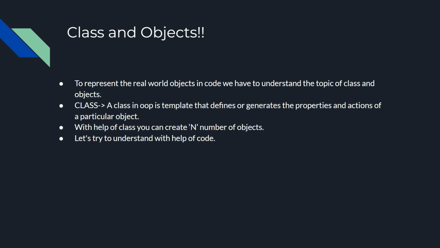A class in object-oriented programming is a template that defines or generates the properties and actions of a particular object. With the help of a class, you can create any number of objects. Let's try to understand with the help of code how you write a class, and with the help of a class, how you generate the objects.